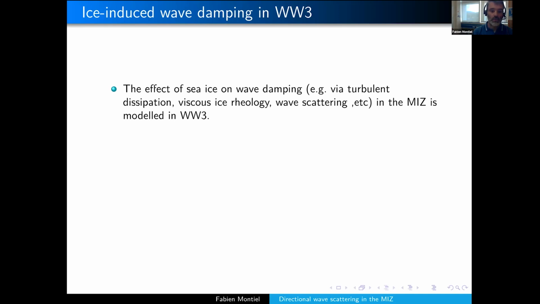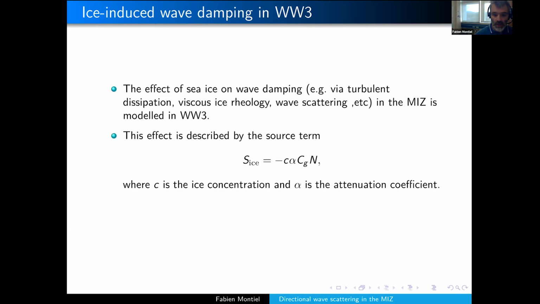That can be caused through various physical processes, such as turbulent dissipation in the fluid, viscous ice rheology, wave scattering, and other things. And so for this source term, S ice, the standard and simplest way it is parameterized is in this functional form, and you have basically these 4 terms.